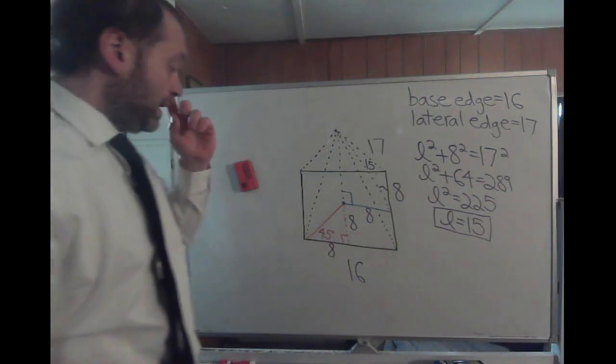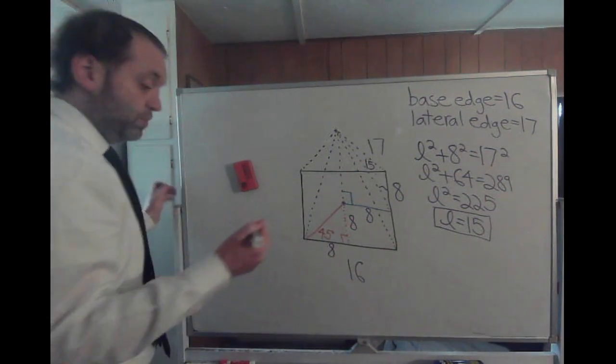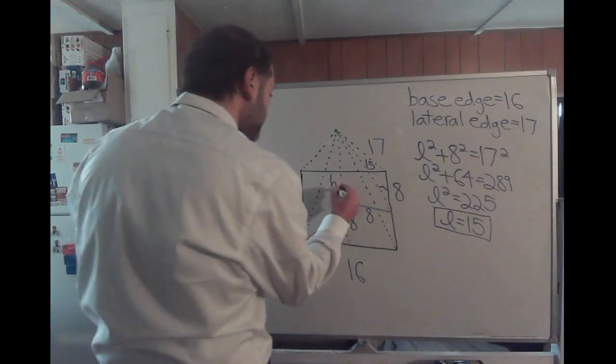So now between the height, the apothem, and the slant height of 15, we can solve for the height of the pyramid.